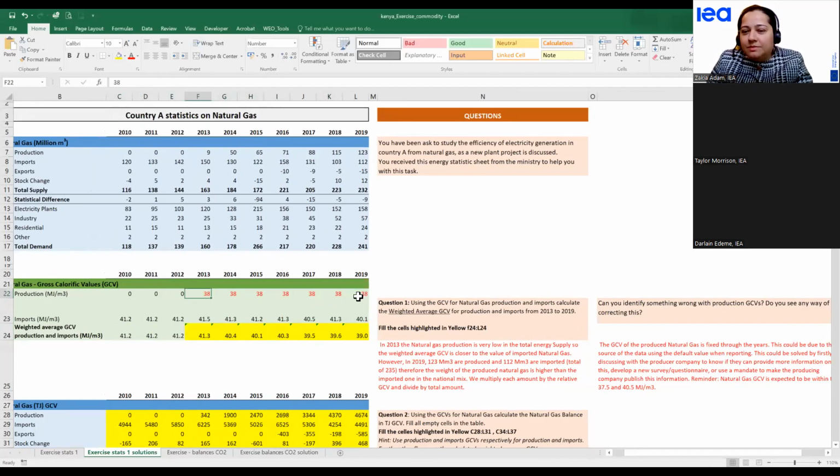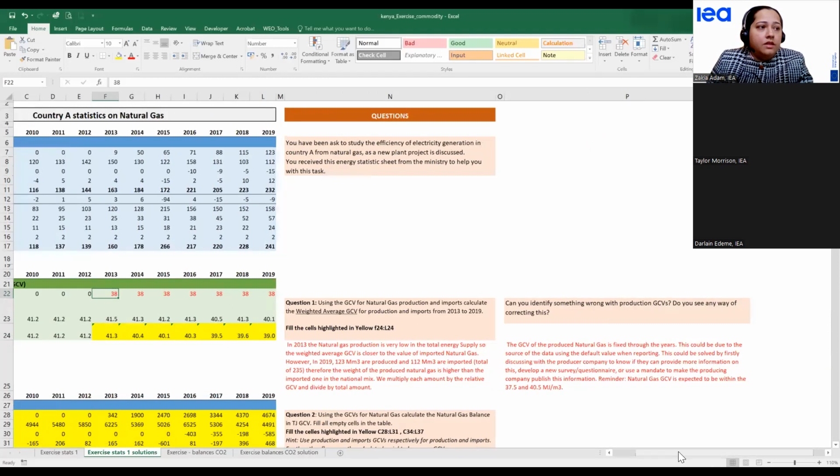This is suspicious because, as we said, calorific values vary over time, so it cannot be the same for 10 years. This is the result of reporting the same values because sometimes you don't collect this information, so you're using default values.